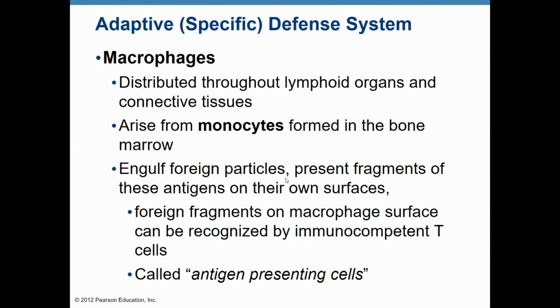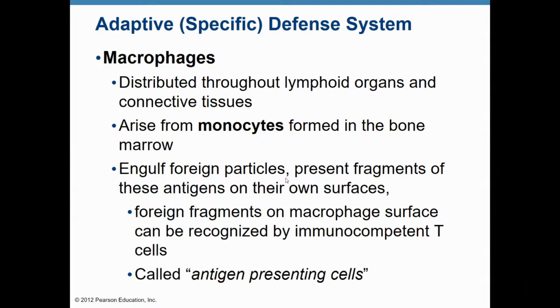We said that macrophages play an important role in immunity, but they don't directly fight the specific antigens. The macrophages are going to be distributed all throughout our lymphoid organs and connective tissues. They arise from a specific type of white blood cell called a monocyte, and those monocytes are derived from the bone marrow, as are all of our different types of blood cells.